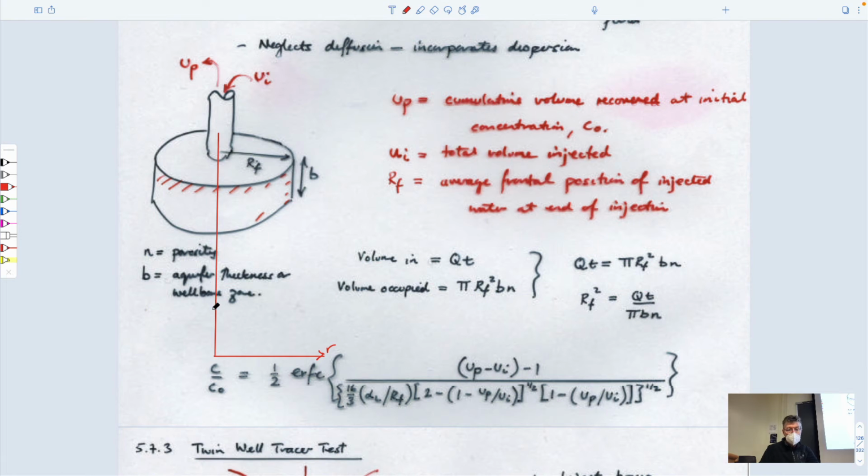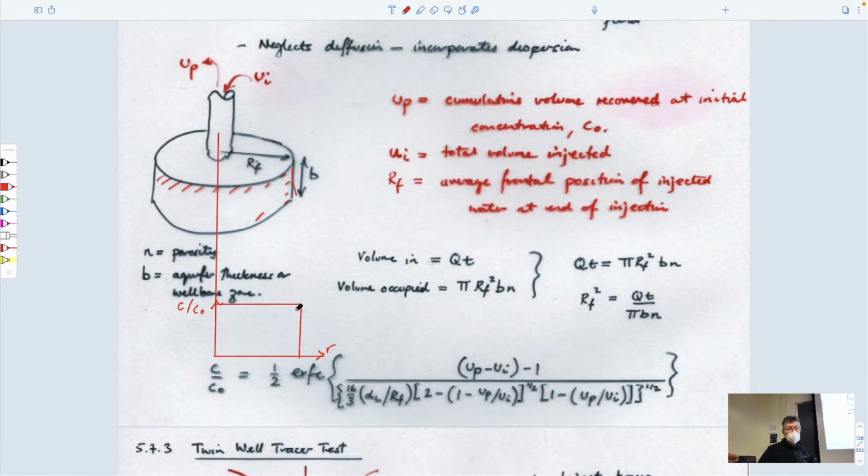If this is c over c0, then you'd push the tracer in over a period of time. If it was plug flow, it would get this far in a given time, up to this boundary. This would all be saturated by the tracer.